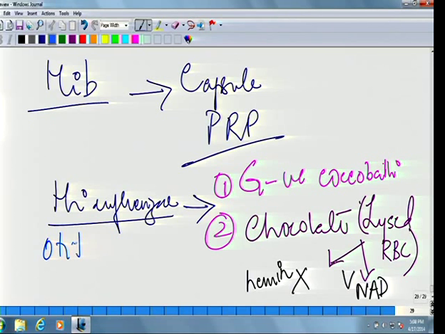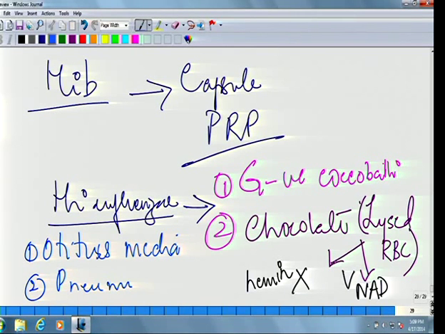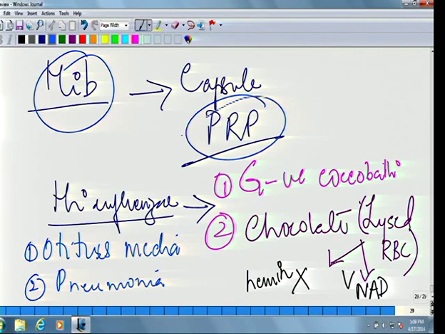Otitis media, yes. Otitis media, and sometimes pneumonia in the elderly, but mainly otitis media. Okay. So Hib is rare, but they still test you on this bacteria, especially the PRP capsule.